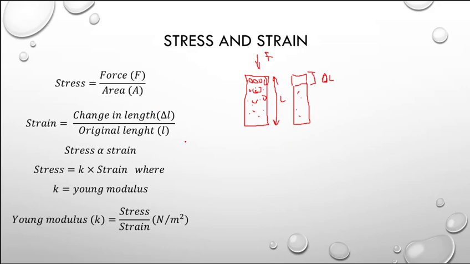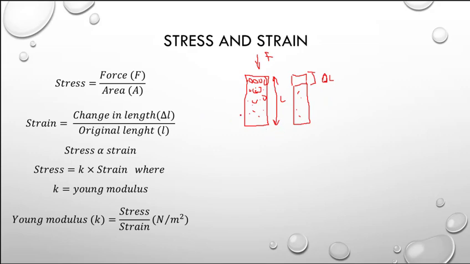When you want to determine the strain, recall that we said there is a change in length of the material, as I have stated earlier. The strain is simply going to be the change in length of that material divided by the original length of the material.